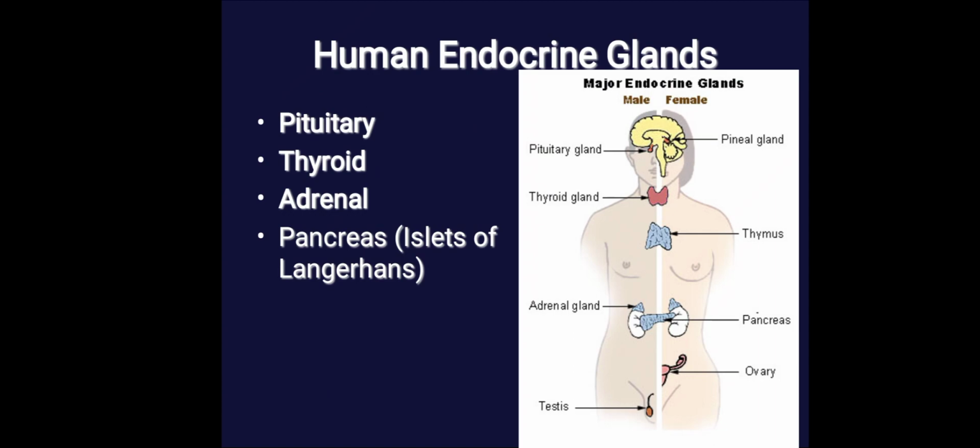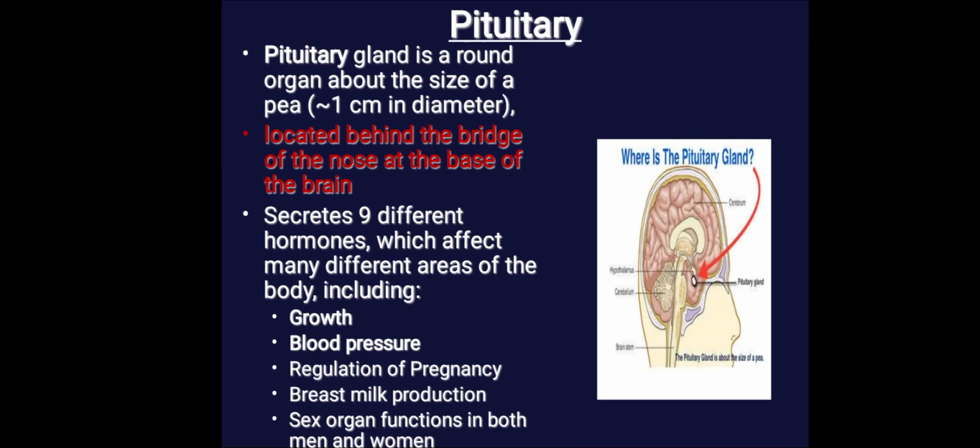These are the important glands that we need to know. First is the pituitary gland, then the thyroid gland, adrenal, and pancreas, or islets of Langerhans. First let us understand the pituitary. The pituitary gland is a round organ about the size of a pea, 1 centimeter in diameter. It is located behind the bridge of the nose at the base of the brain.